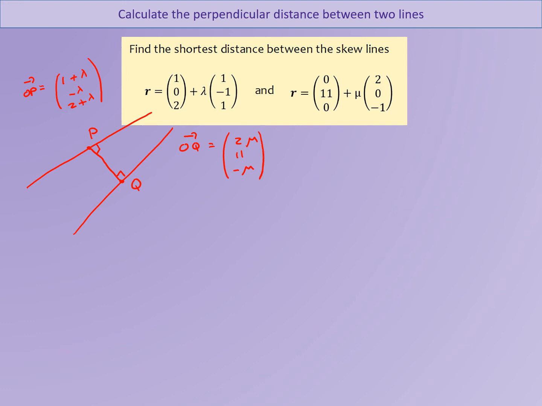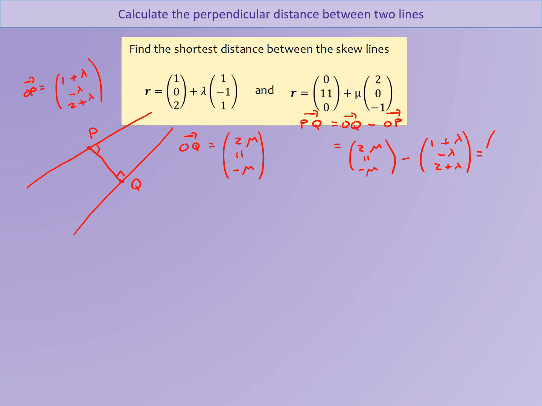So from this, we can find an expression for the vector PQ. This is OQ minus OP, which is 2 mu, 11, minus mu, minus 1 plus lambda, minus lambda, 2 plus lambda.